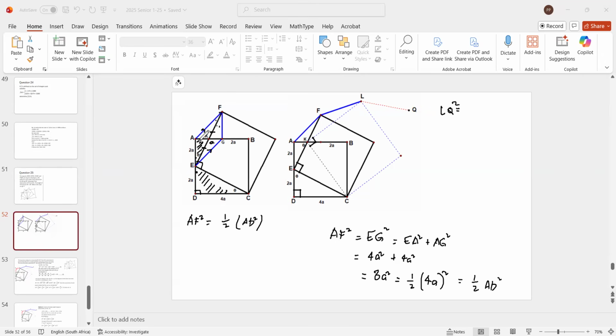AF squared is half of the original square which created AF, right? That length there, the square of that is half the square of the side. See?